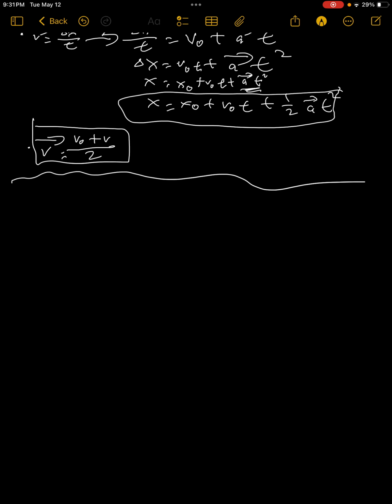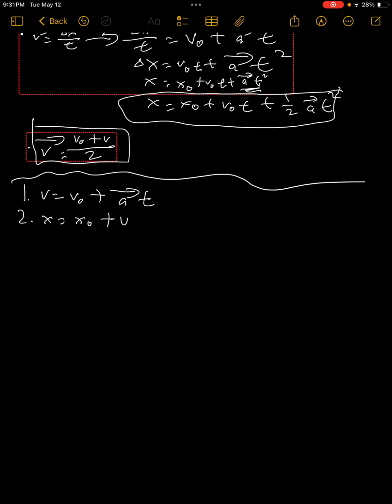So let me summarize. So first, we have speed equals initial speed plus acceleration times time. Number 2, position equals initial position plus the initial velocity times time plus half of acceleration times time squared.